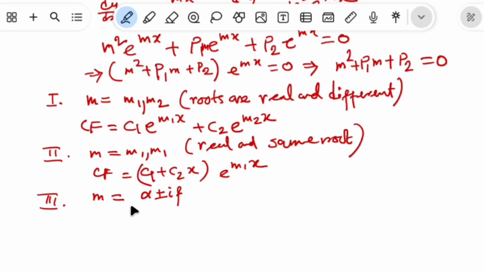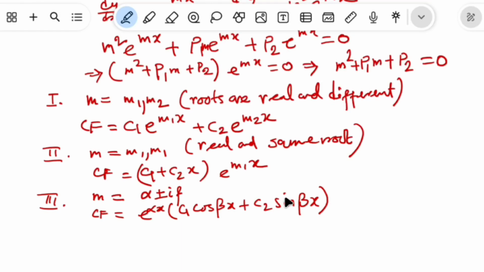Students, if one root of quadratic equation is alpha plus i beta, then another root is automatically alpha minus i beta. So we will always get alpha plus minus i beta. Suppose if we have this type of root, then CF is e^(alpha x) (C1 cos beta x plus C2 sin beta x).